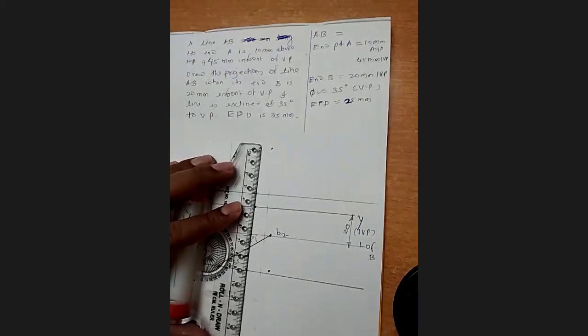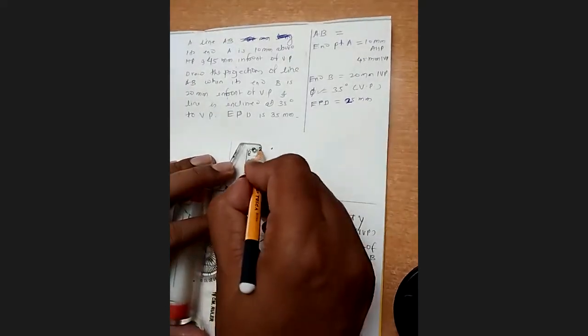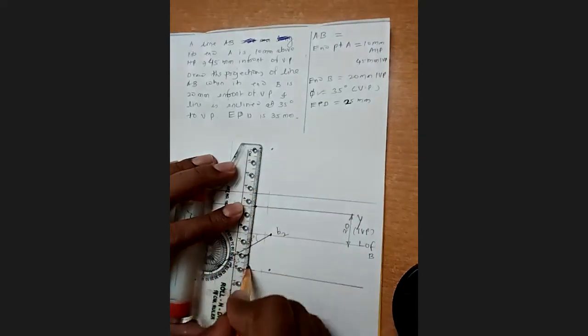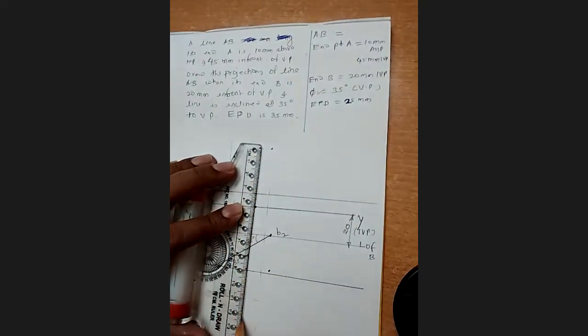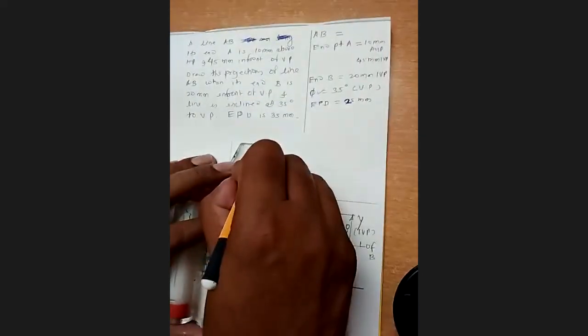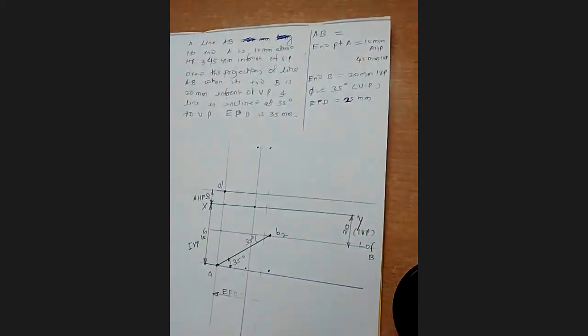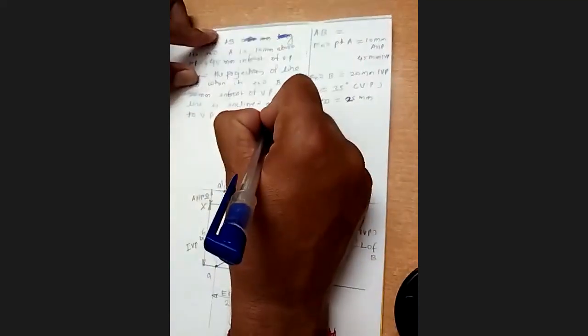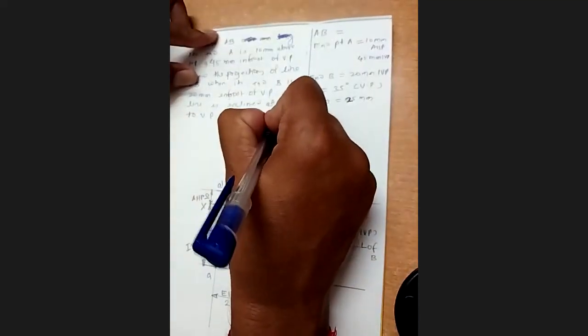I wanted to make the points a bit visible and away from each other. Otherwise, you will miss out this concept for getting the solution of this kind of problem. So this is 25, even though I am making it 25 in the problem statement.